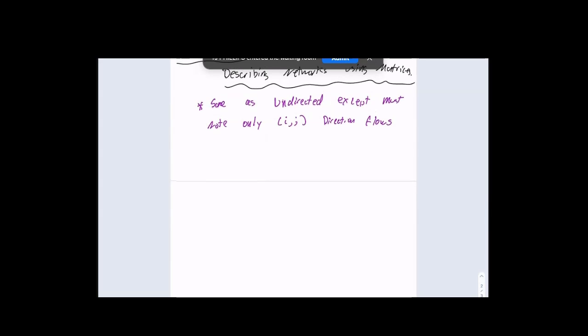When we have a network, or when we have a matrix, these values here are referred to as the I's, and these here are referred to as the J's.